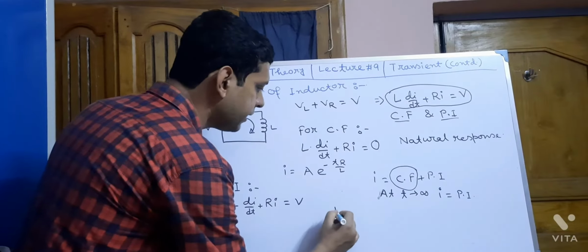I0 is 0, so A equal to minus V by R. So the complete solution of I equal to V by R into 1 minus e to the power minus RT by L. We will write it as minus t by tau, where 1 by tau equal to R by L.